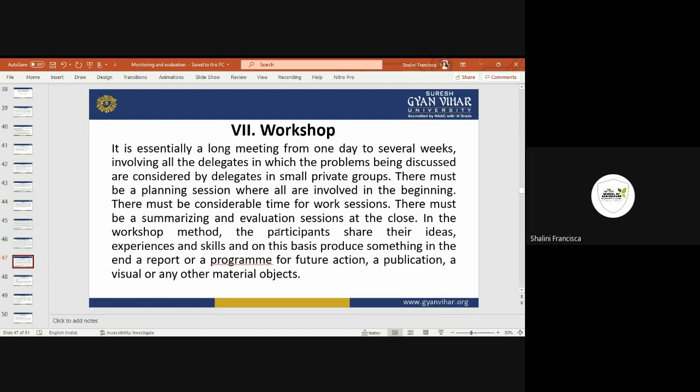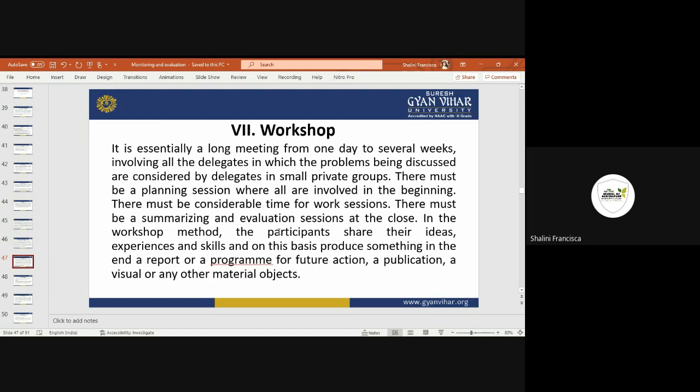Workshops. It is essentially a long meeting from one day to several weeks, involving all the delegates, in which the problems being discussed are considered by delegates in small private groups. There may be a planning session where all are involved in the beginning.